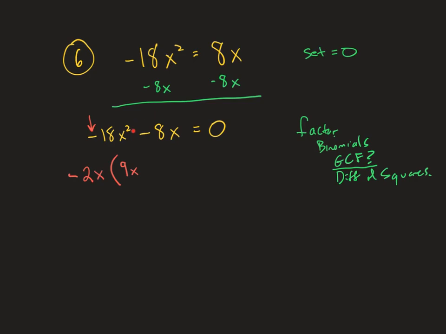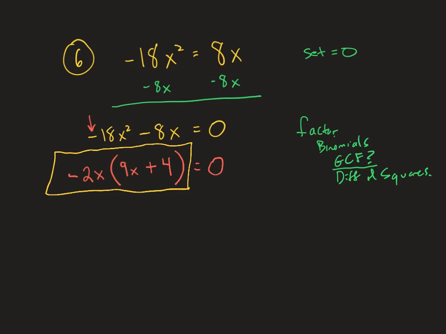And then if you do negative 8 divided by negative 2, you actually get a positive 4. Since that x is taken out, there's no x attached to the 4, equals 0. And then that's the factored version. That'll be step 1.